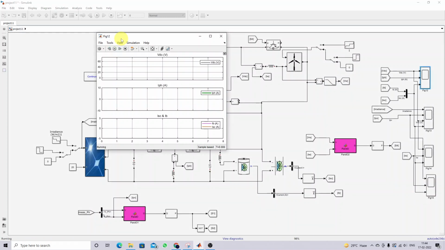So this is mode on operation, which means the load is receiving power from only the battery and supercapacitor.